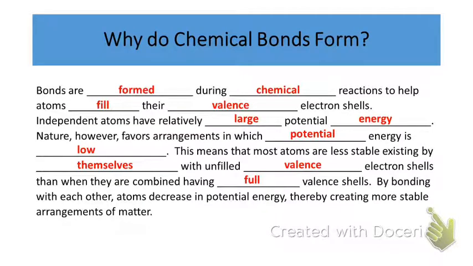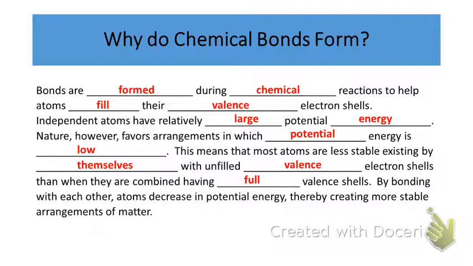Okay, so let's get into what this whole lecture video is supposed to be about, and that is, why do chemical bonds form? Bonds are formed during chemical reactions, like we just saw, to help atoms fill their valence electron shells. Independent atoms have relatively large potential energy. Nature, however, favors arrangements in which potential energy is low.